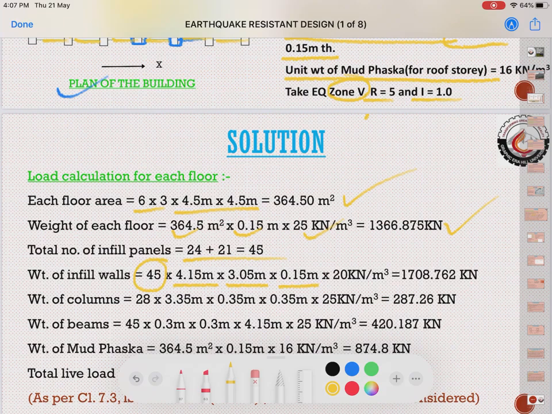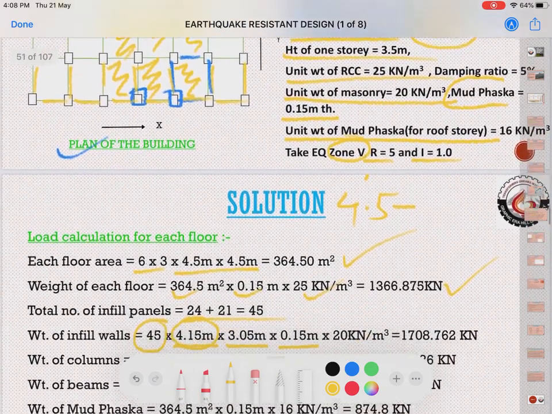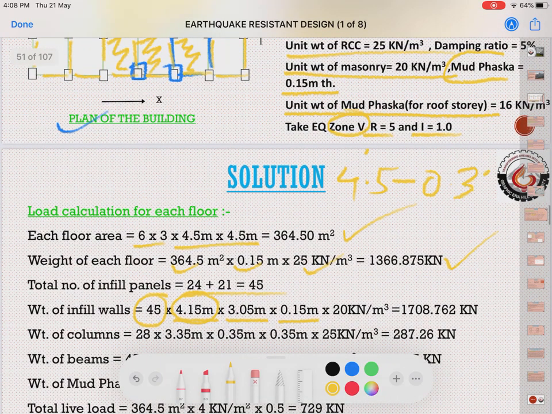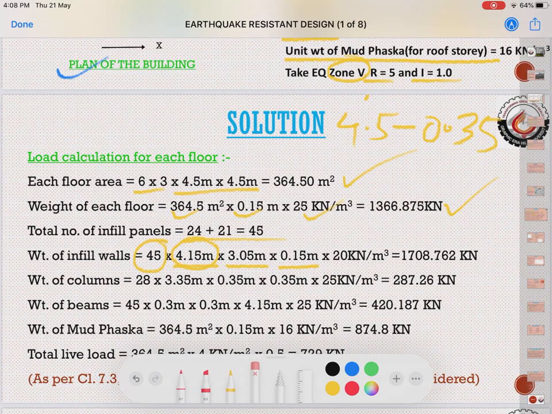So 45 multiplied by length, height and thickness. The thickness of the infill wall is 0.15 meter. And the length is 4.15 meter, because the length of the room is 4.5 meter and we have to reduce the column dimension of 0.35 meter.